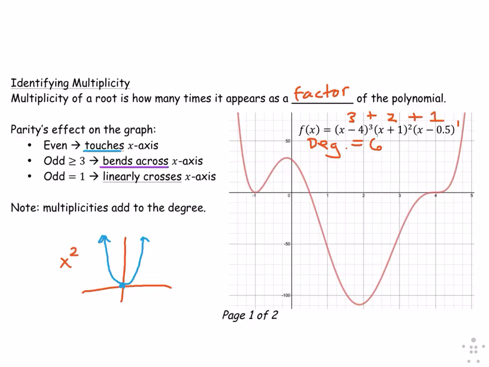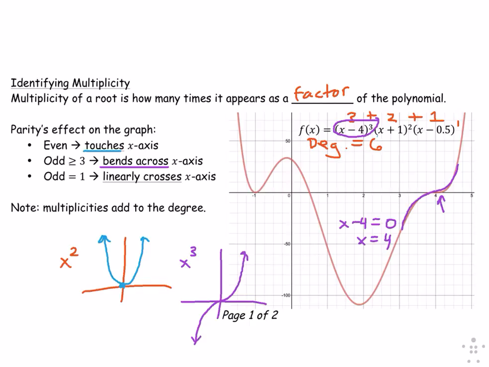And the reason for this, right here, I have (x minus 4) to the third power, and if I set that equal to 0 and solve, I see that the root is 4 right here on the graph. Notice that it snakes through that point, because if you go back to cubic, remember that if you raise a negative to an odd power, it's going to stay negative, and if you raise a positive to an odd power, it's going to stay positive.